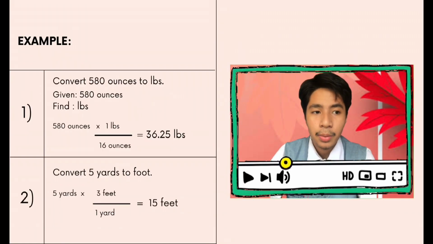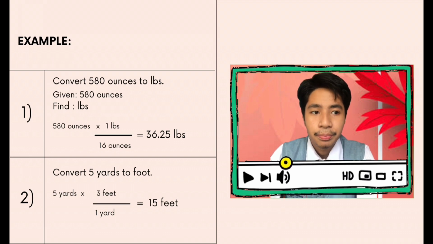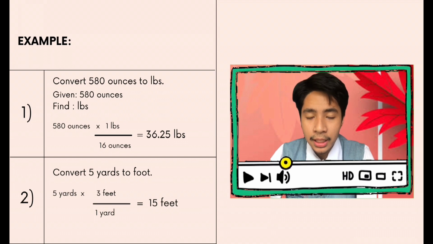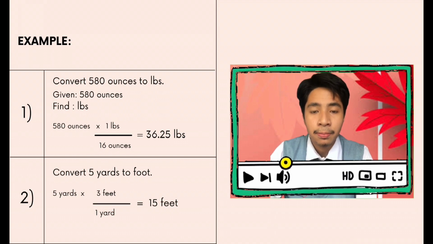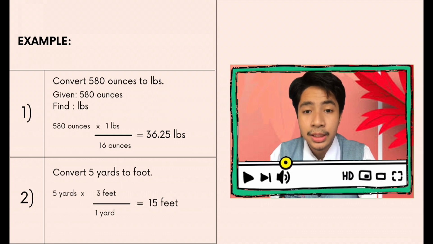So the first example that I have here is convert 580 ounces to pounds. So the given is 580 ounces and we need to find the pounds. We will use the exact same procedure as the metric system, but this time the value is already given, so we just write it down. 580 ounces times 1 pound is equal to 16 ounces.